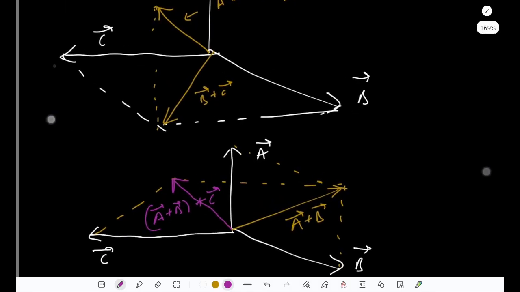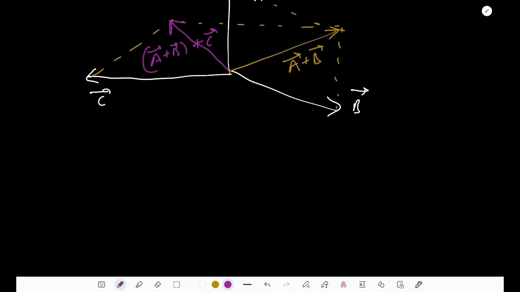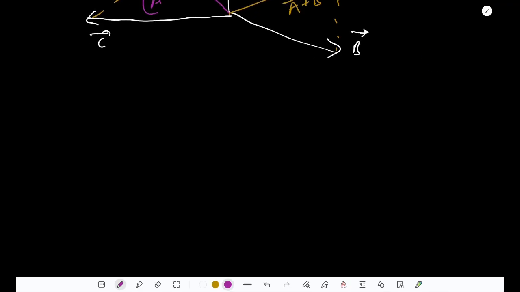And it is true, we don't have a graph paper, and we are not making accurate calculations here, but I'm just trying to show you that the associative law is also valid.